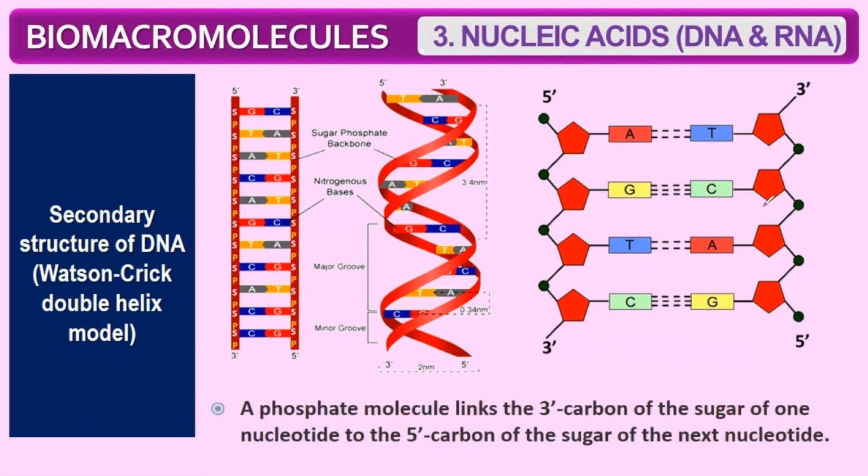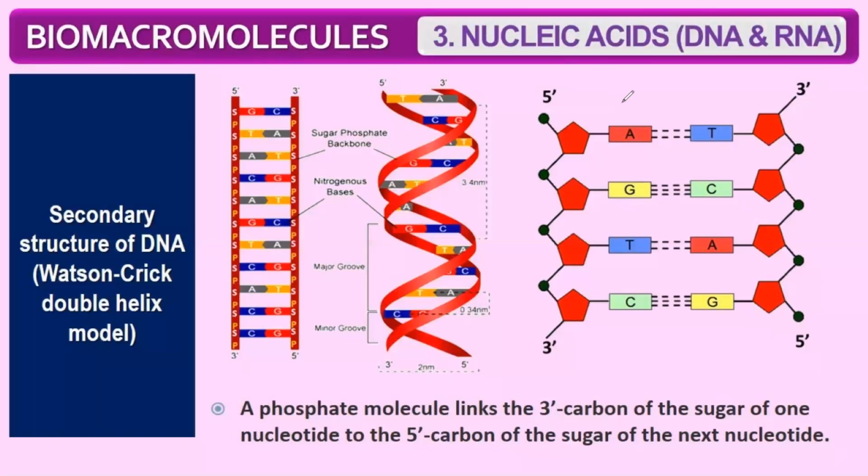A phosphate molecule is linked to the 3' end. Here you can see it is linked to the 3' end of the sugar of one nucleotide and to the 5' carbon of the sugar of the next nucleotide.